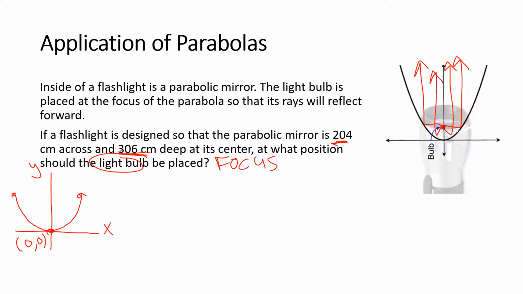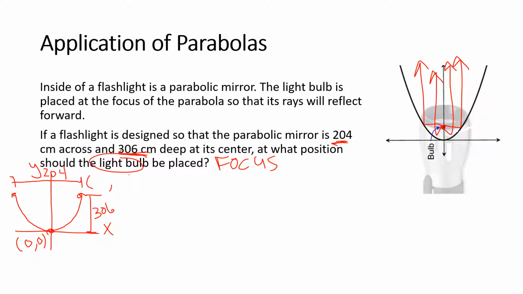And I'm going to write all the information I know. I know that this parabolic mirror is 204 centimeters all the way across, that it's 306 centimeters deep in the center. So based on that information, I can write this coordinate point: 204, half of that would be 102.